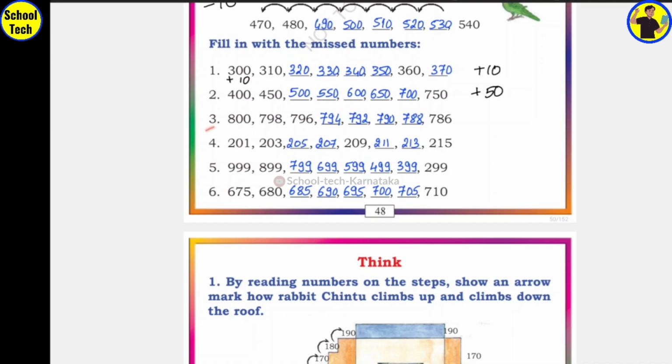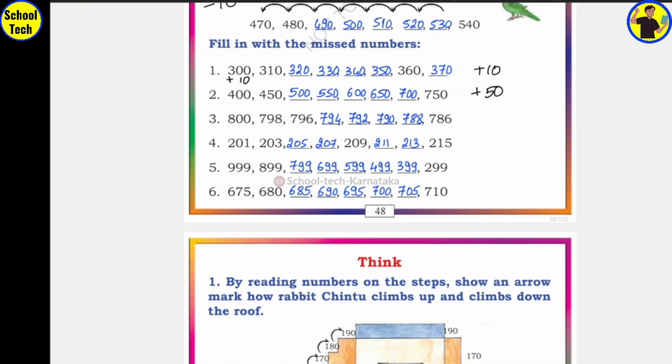The third one similarly, third, fourth, fifth and sixth. This is how you can solve it, either jumping forward or jumping backward. The third one, the first number given is 800. The second number is 798.